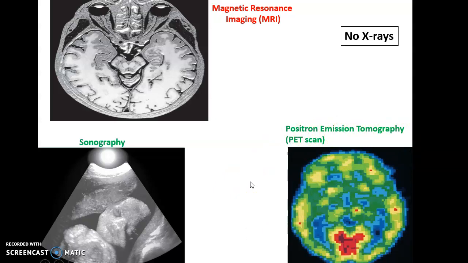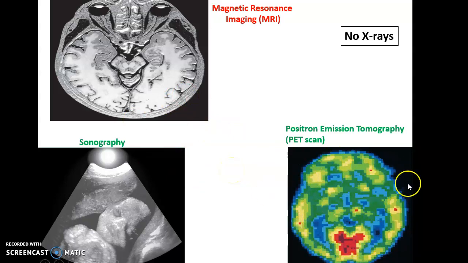And finally, we have positron emission tomography. The PET scan uses a very different technique. Basically, radioactive glucose is injected into the person's bloodstream, and then they use imaging to detect where that radioactive glucose goes.